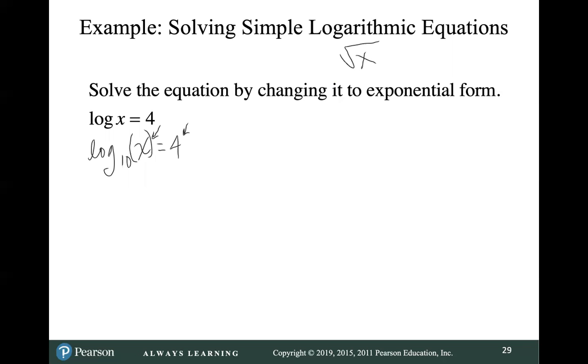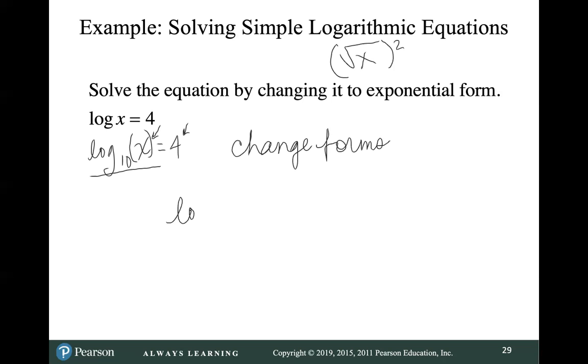Right, I can't divide by a square root. The only way to get that x out of there is to change forms, to square the square root, right? To use the inverse in order to release the x. Well, here, in order to release the x, the inverse is exponential form. So I need to change this into exponential form. Change forms.